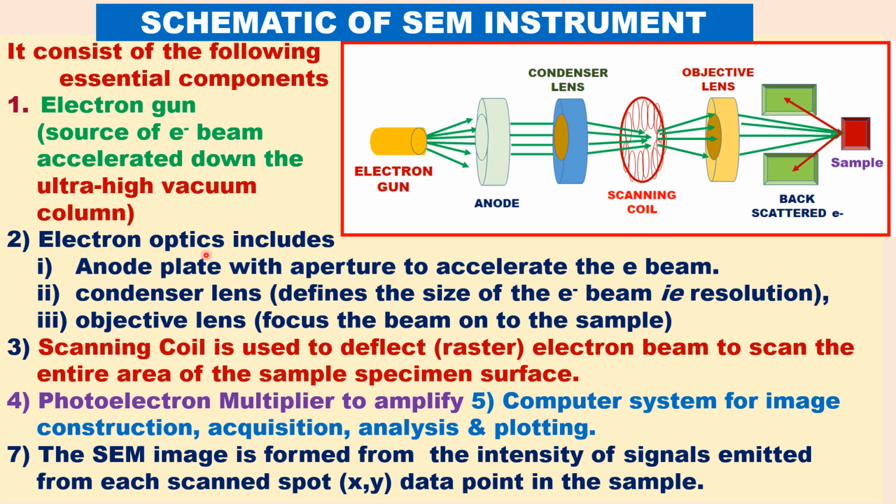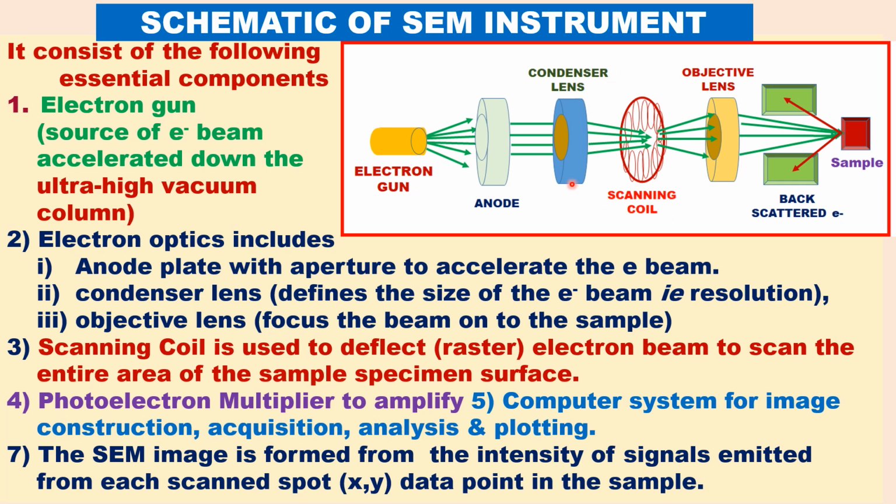Then it consists of electron optics. Electromagnetic lenses include the anode plate with aperture to accelerate the electron beam. The condenser lens defines the size of the electron beam and the resolution. The objective lens focuses the electron beam onto the sample.